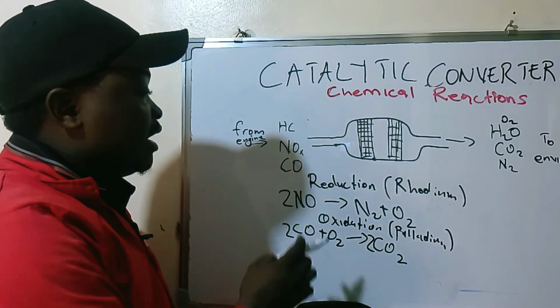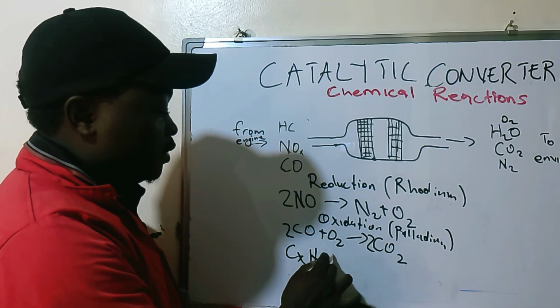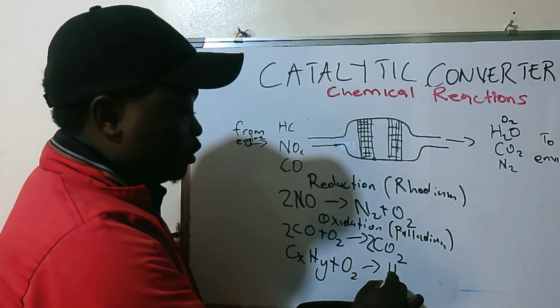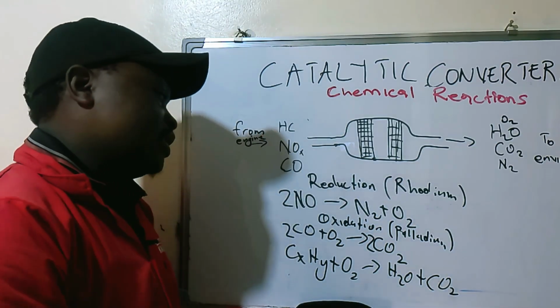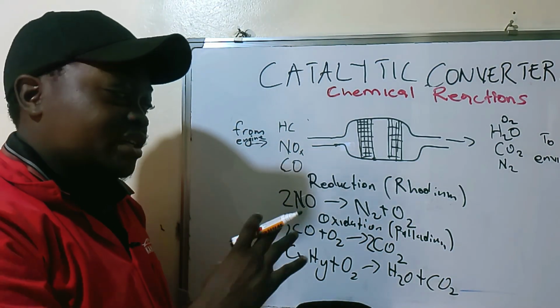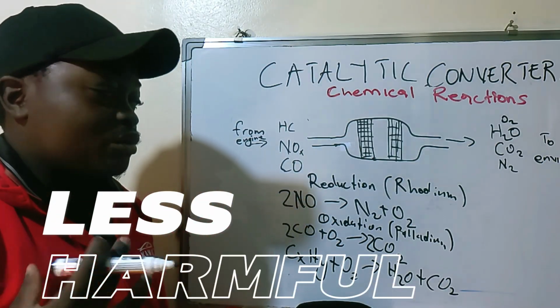Okay, then hydrocarbons in presence of oxygen are broken down to water and carbon dioxide. So the products formed after the reactions are not dangerous to the environment and to us as humans.